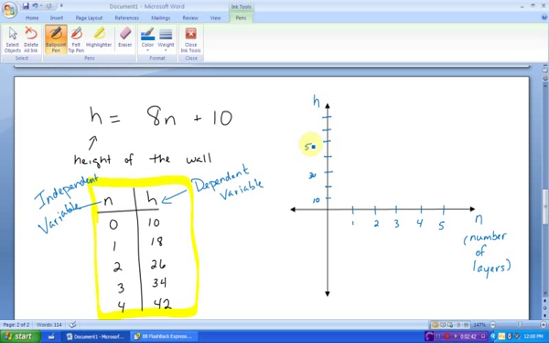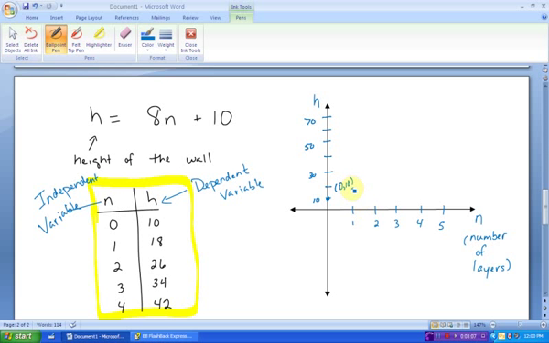Okay. Now, when I had 0 layers of bricks, the height of the wall was 10 inches. So that's 0, 10. That's that point. When I had 1 layer of bricks, okay, it was 18 inches tall. Okay, and there's no way to fit all the coordinates on here.